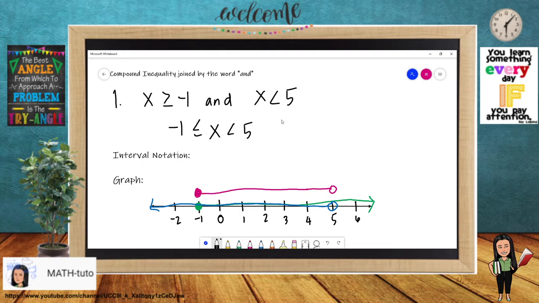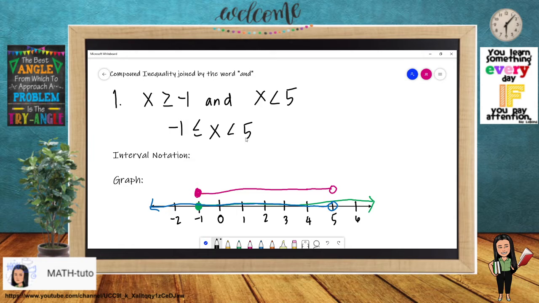Kaya ang basa natin dito is x is greater than or equal to negative 1 but is less than 5. Or instead of using but, and less than 5. So again, this is x is greater than or equal to negative 1 and less than 5. Kasi nga, we have combined these two inequalities to form this inequality. Itong dalawang yan, pareho yung ibig sabihin.